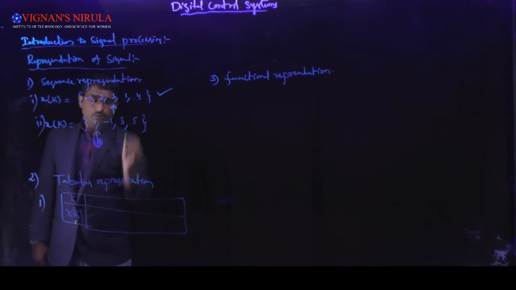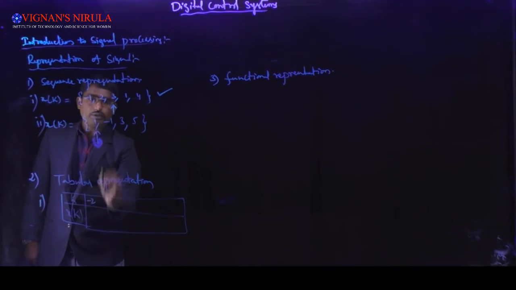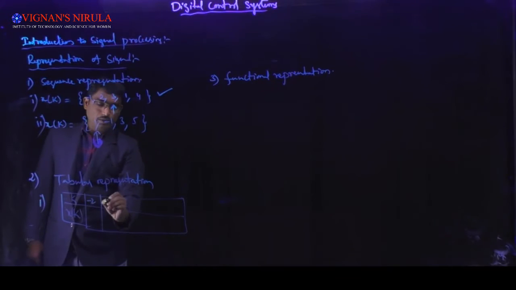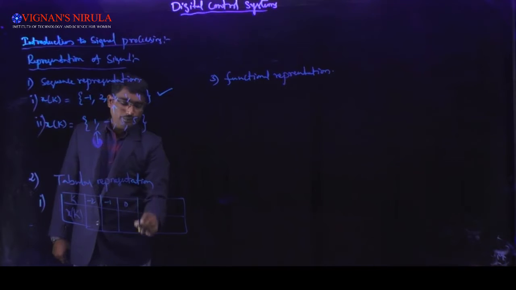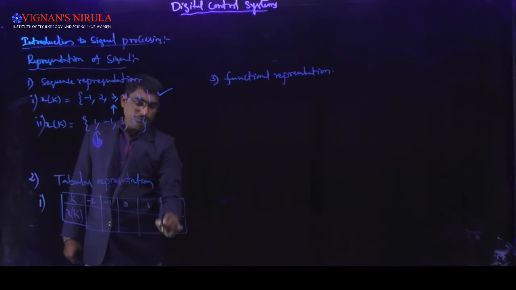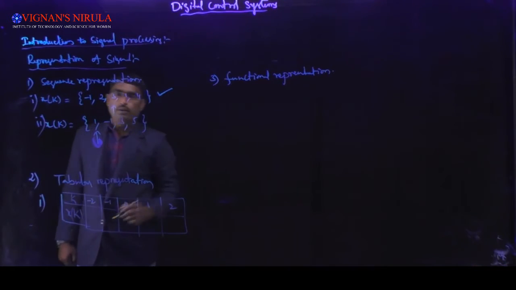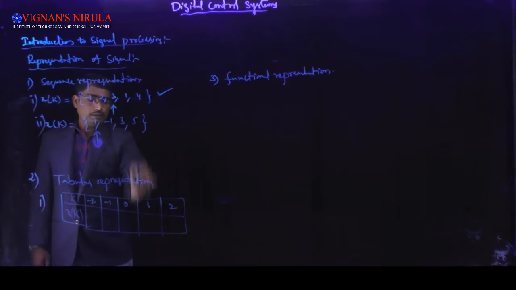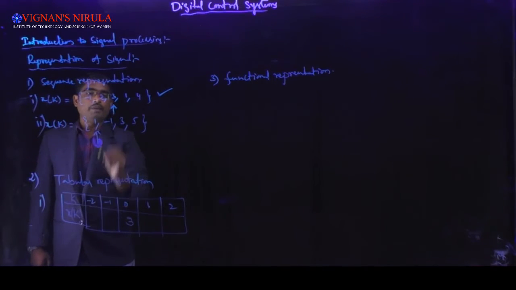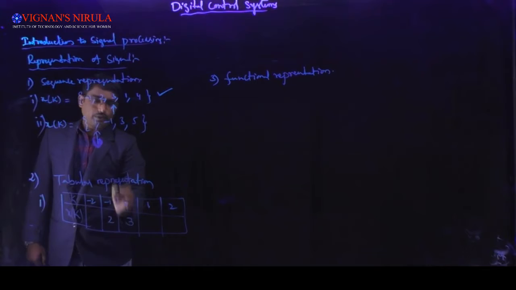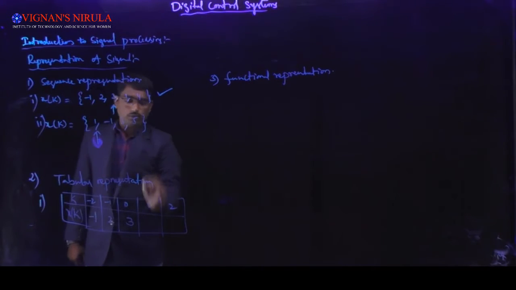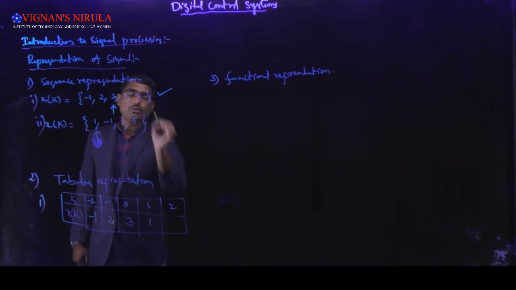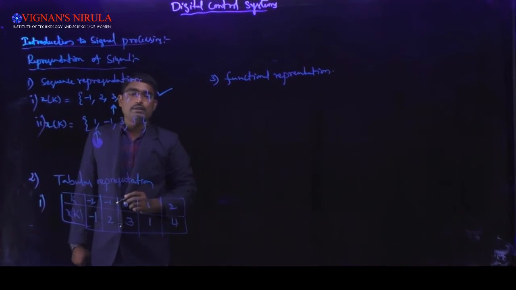For k equals 0, x of k is 3. For k equals -1, x of k is 2. For k equals -2, x of k is -1. For k equals 1, x of k is 1. For k equals 2, x of k is 4. So this is the tabular representation.